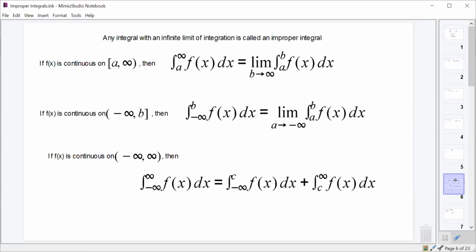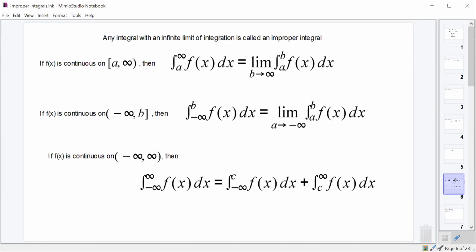Instead of doing the integral from a to infinity, you'll do the limit as b approaches infinity of the integral from a to b. And we will investigate what happens to that limit as it goes towards infinity. We'll do the same if we're going from negative infinity to some constant: the limit as a approaches negative infinity of the integral from a to b.